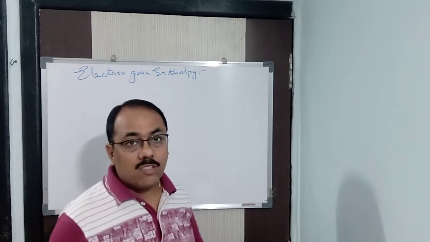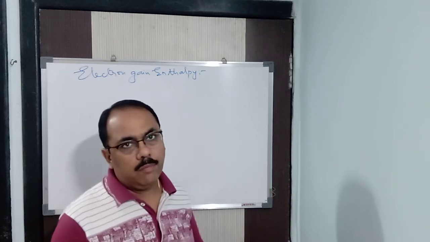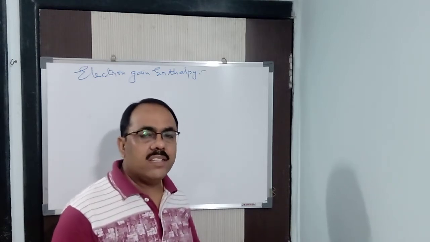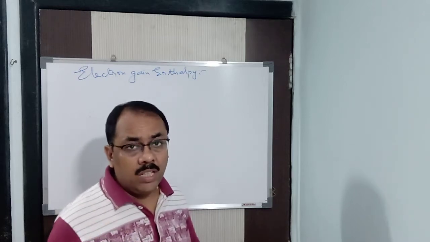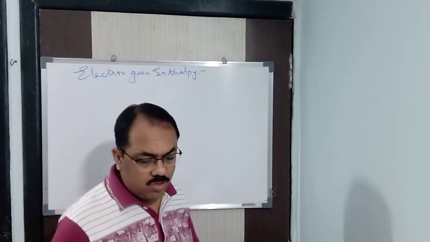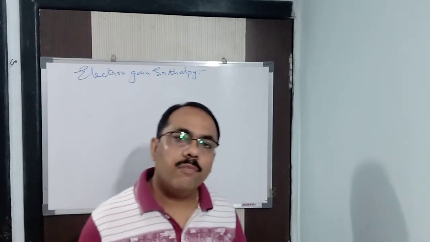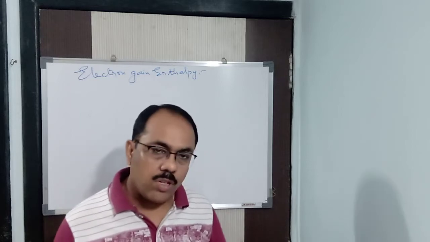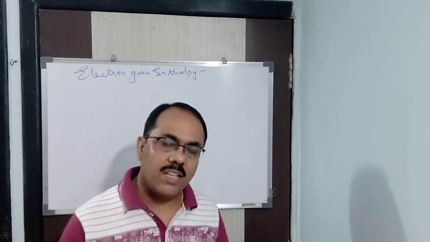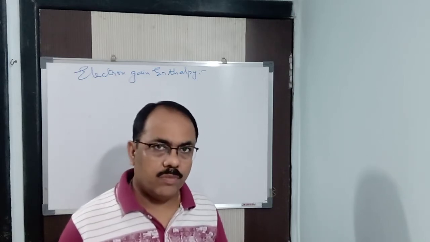When we say electron affinity, the idea is not clear, because for electron gain enthalpy the definition is: it is the amount of energy released, which means it's an exothermic reaction. It's defined as the amount of energy released when a neutral atom gets converted into an anion by accepting an electron.